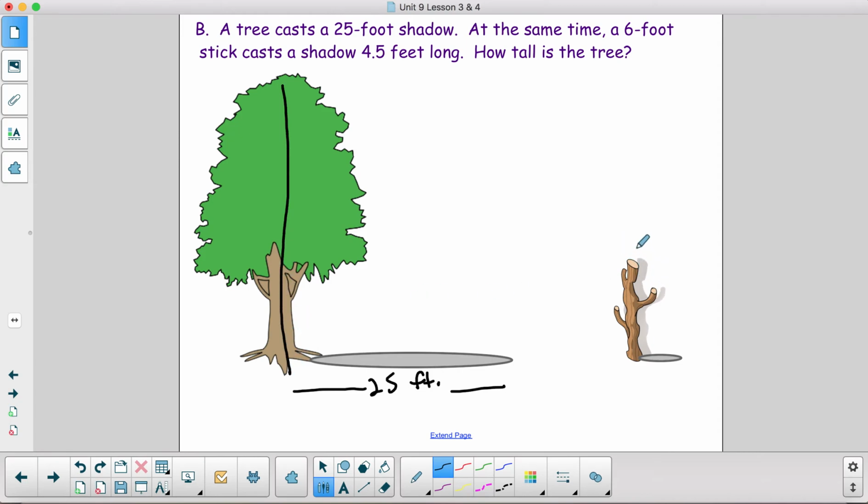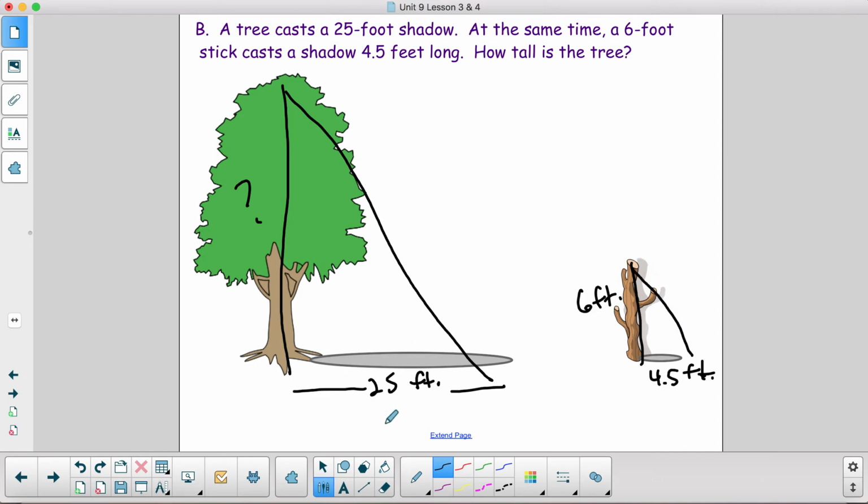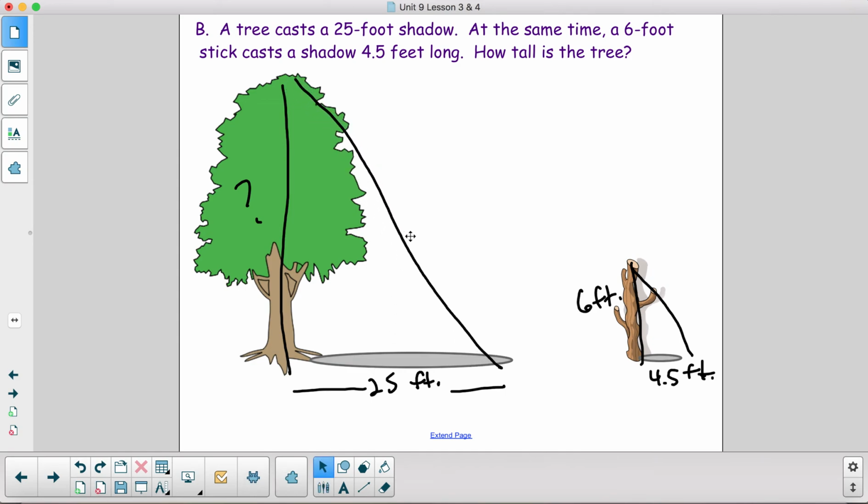We have a stick that is 6 feet and a shadow which is 4.5 feet long. And so what we are missing is this number. So we need to connect the imaginary line down here and down here. Actually, that should go from the top of the tree to the end of the shadow, so something like that.